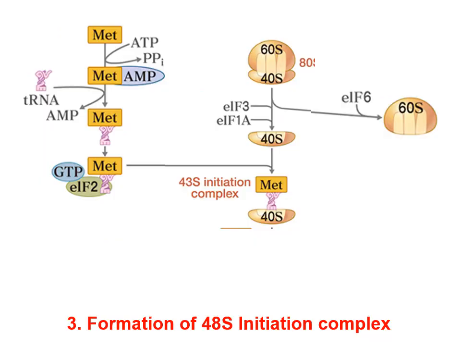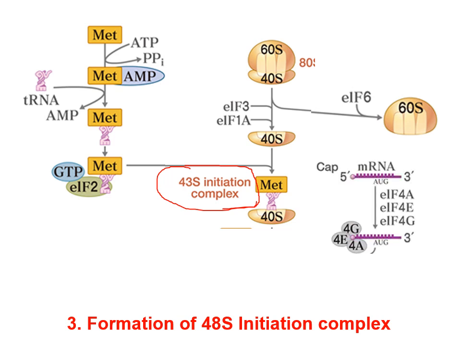In the previous diagram, we had seen the formation of the 43S pre-initiation complex when a ternary complex comes and binds to the 40S. Now in the next step, in the formation of the 48S initiation complex, the cap of the mRNA is bound with the cap binding protein, that is 4F. This 4F is in turn made up of 4E, 4A and 4G.